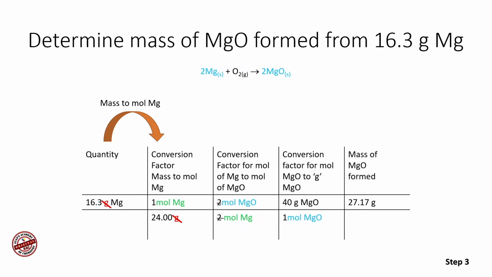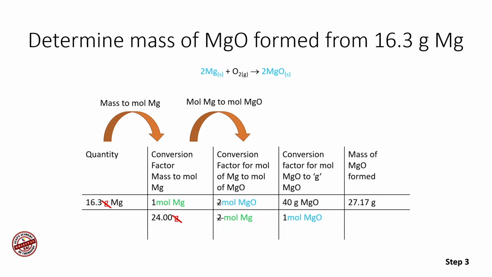Next, we have to determine how many moles of magnesium oxide will be formed when the quantity of magnesium taken undergoes complete combustion or oxidation. So that's the second step. We're going to convert the moles of magnesium to moles of magnesium oxide. In order to do this, we will use the coefficients in the balanced equation.